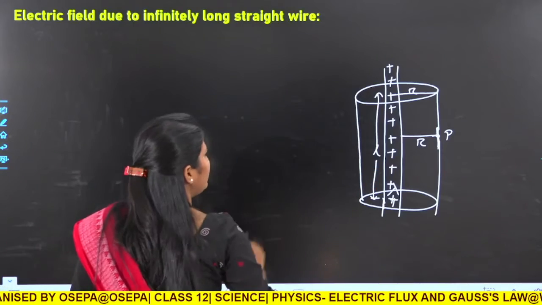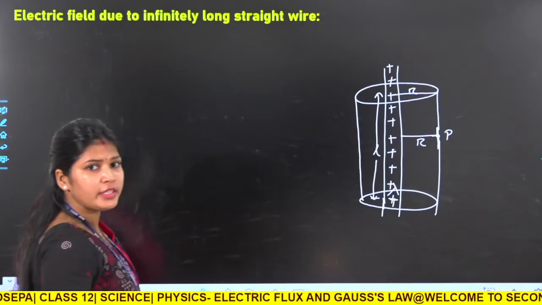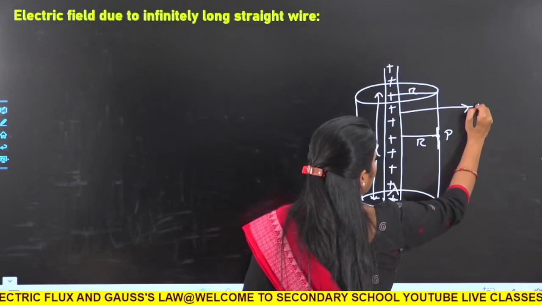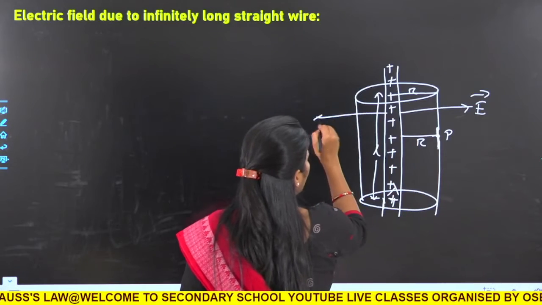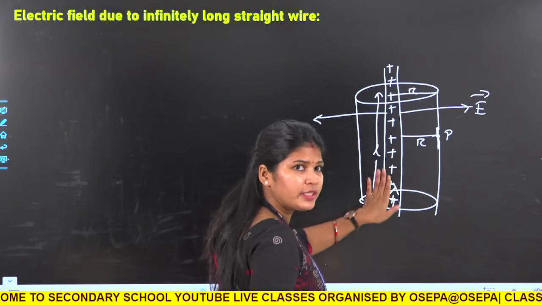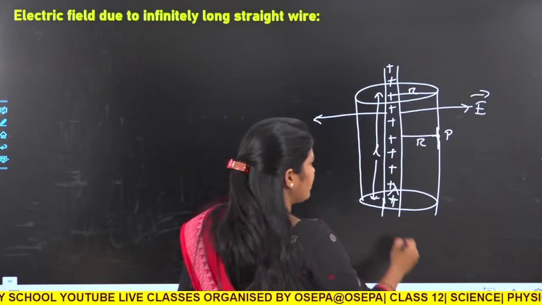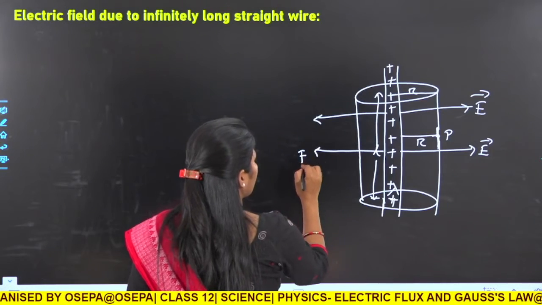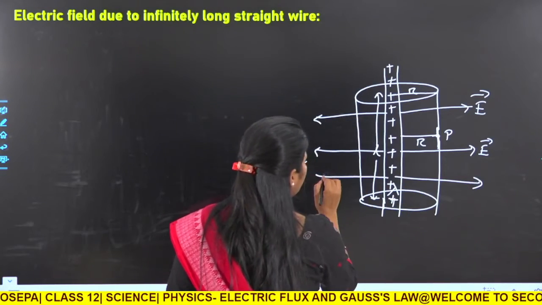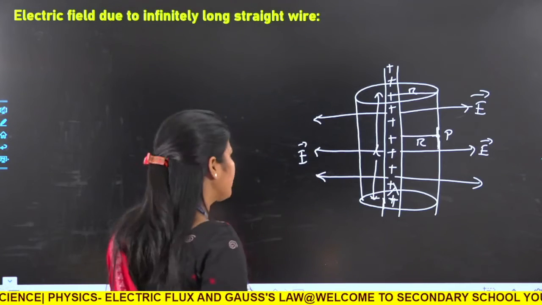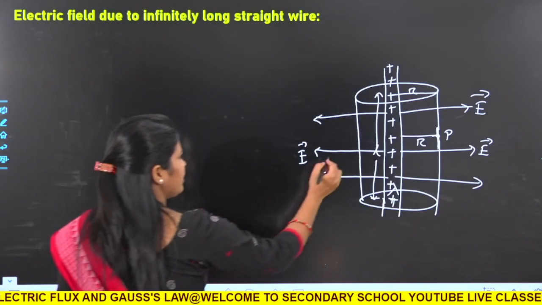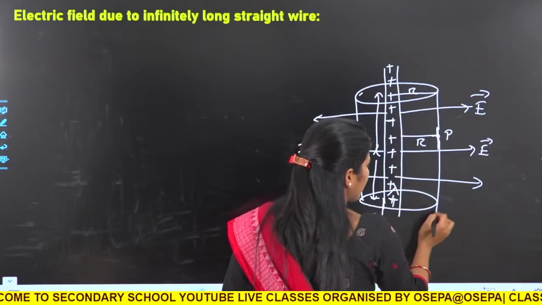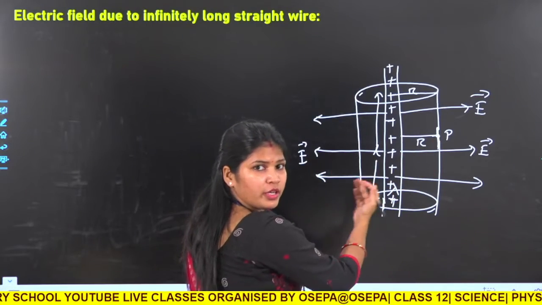What will be the electric field? The next step is to calculate E dot dA. What will be the electric field direction? These are the directions of the electric field. We know that for point charges the electric field is outward, so here it is also outward everywhere. Then the area: there are two flat surfaces and one curved surface.